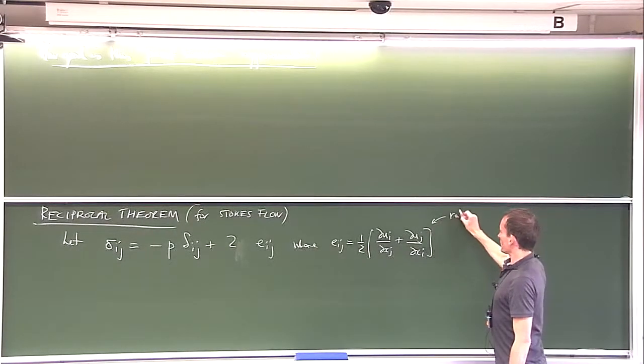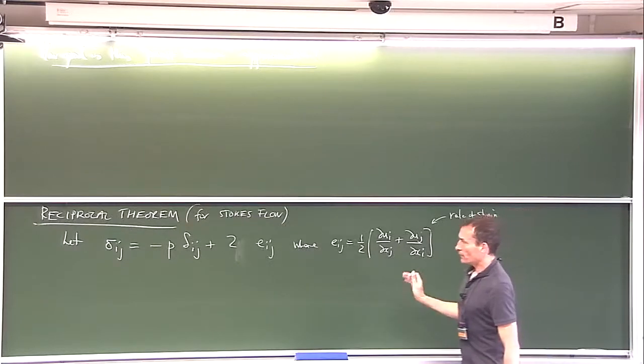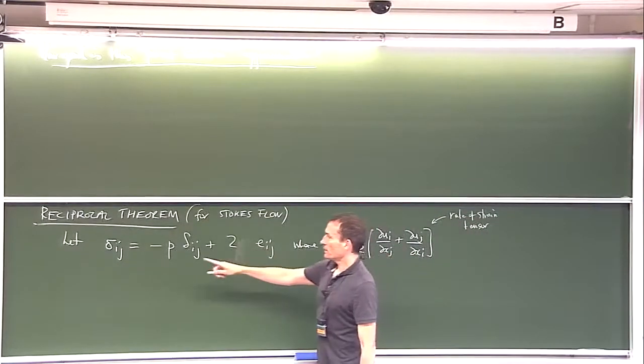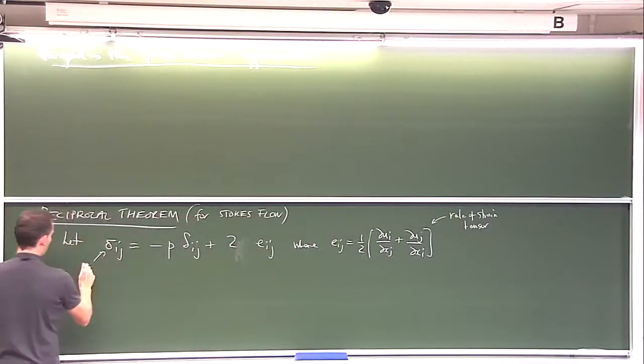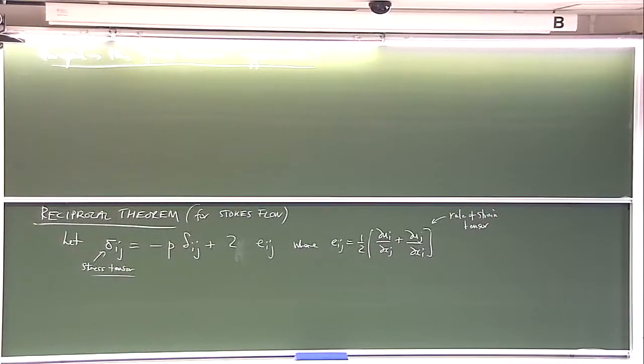This is known as the rate of strain tensor. And if you put it in this combination here, sigma is known as the stress tensor. Okay?